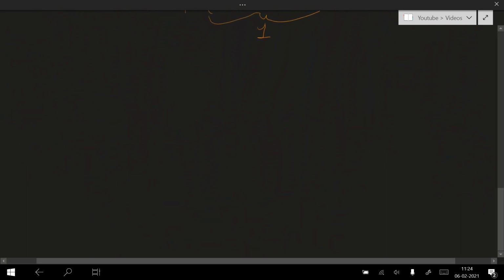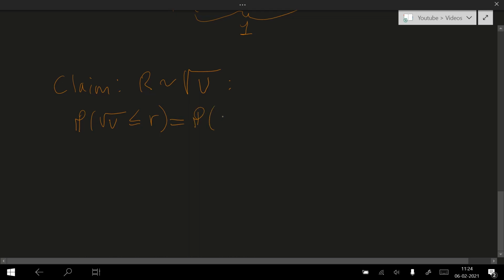Now I continue. I claim now that r has the same distribution as the square root of a uniform distribution. To consider this, consider the square root of u being less than or equal to some r. That is equal to the probability of u being less than or equal to some r squared.